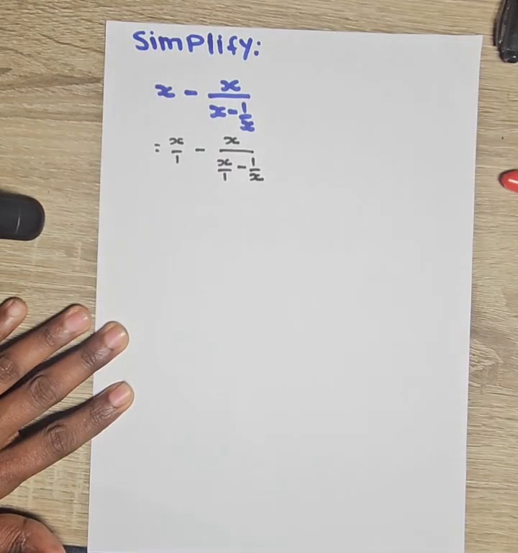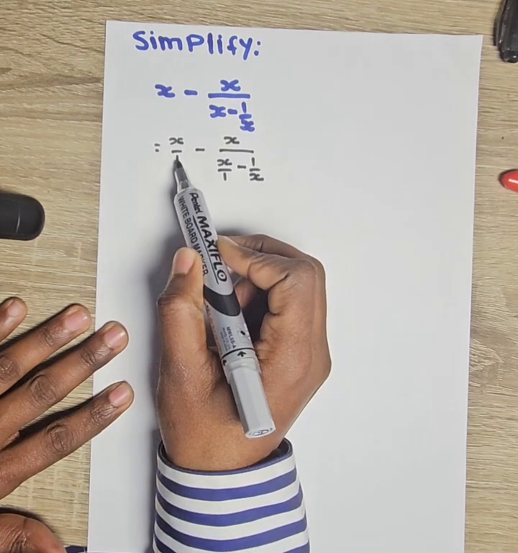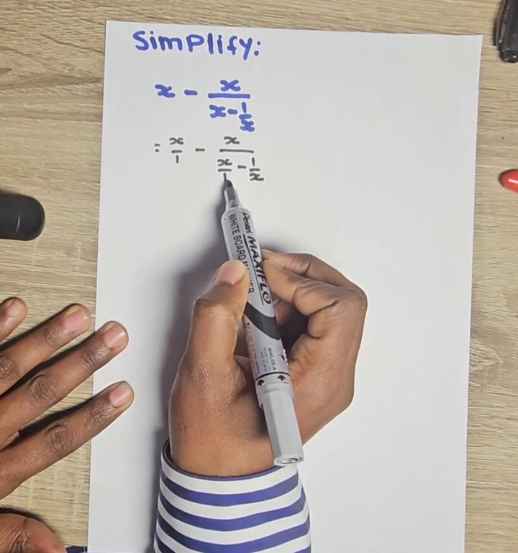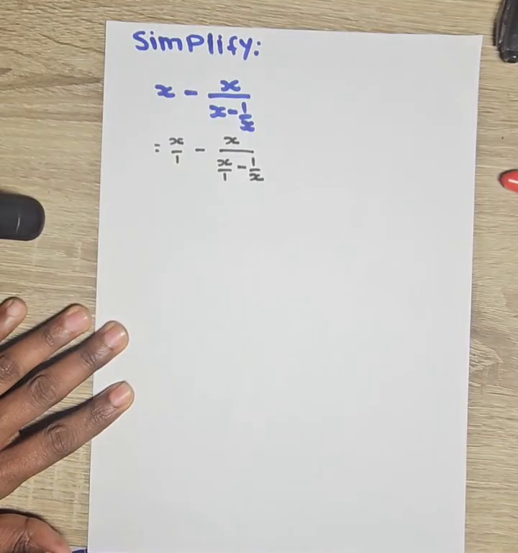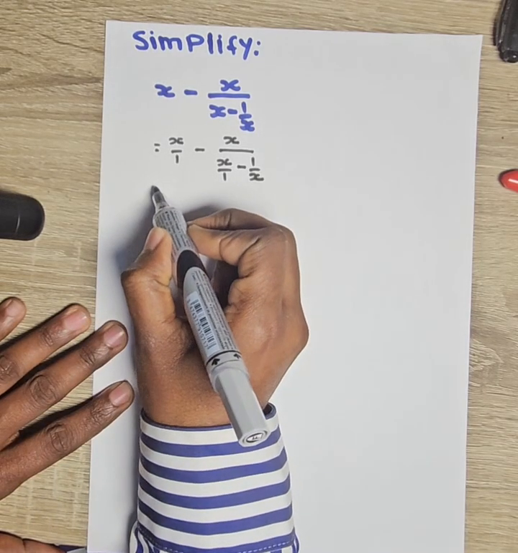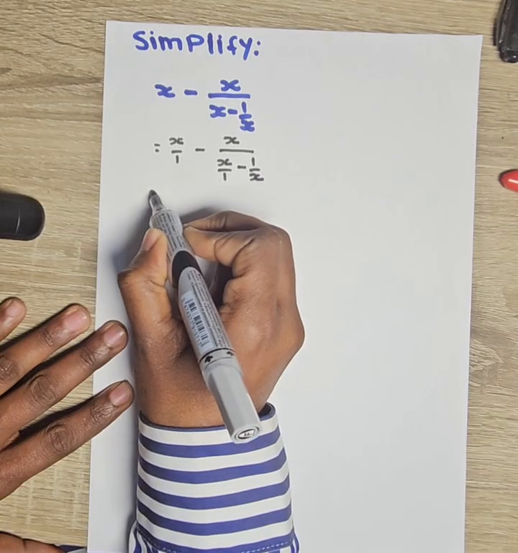Why did I bring 1 here? I put 1 here too, because when working with fractions, always make sure you have fraction with fraction. Okay, now you can proceed.